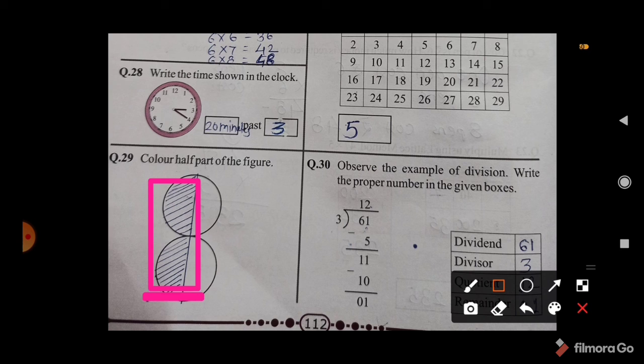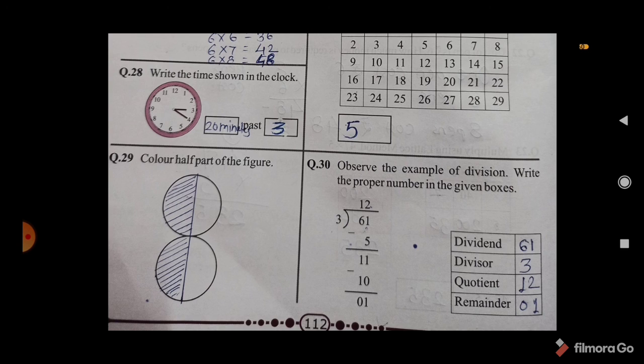Look, students, next question: observe the example of division. Write the proper number in the given boxes. Here we can see 61 divided by 3.